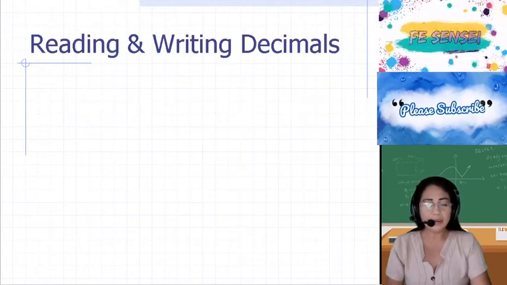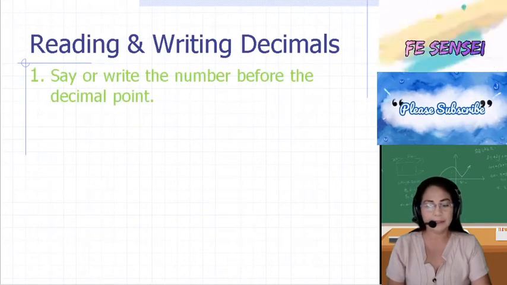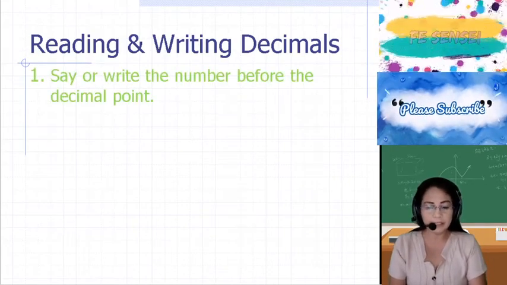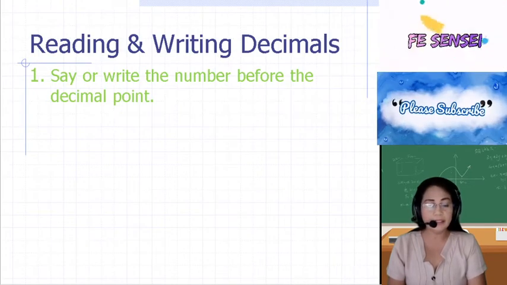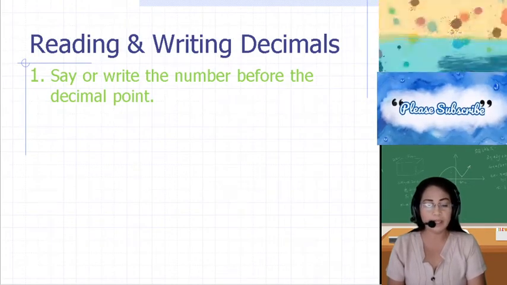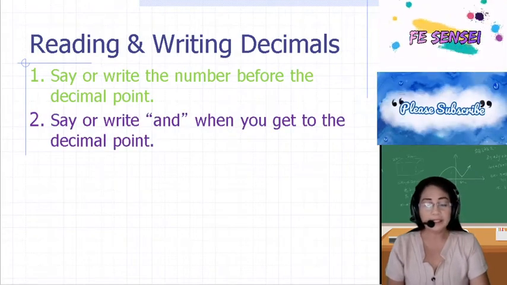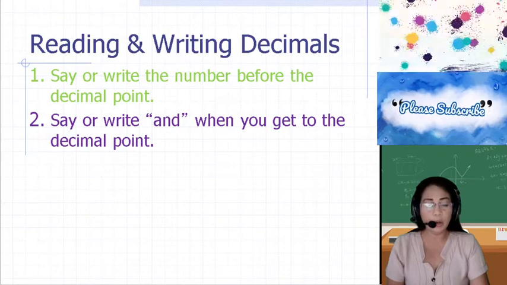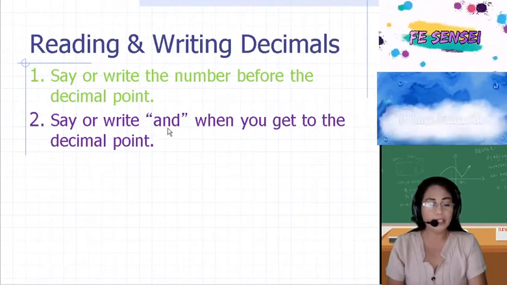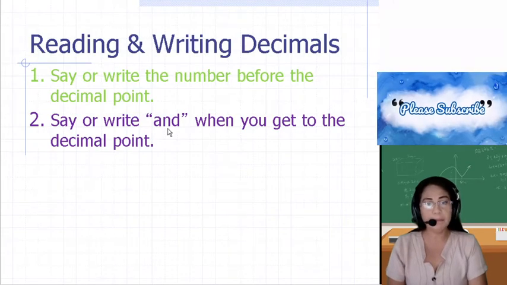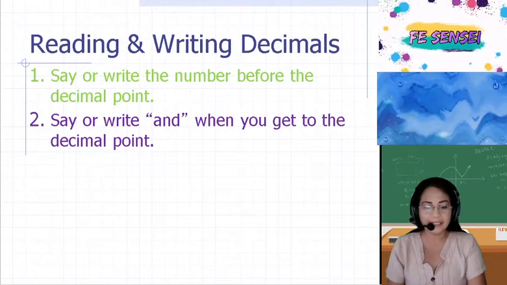So, we're going to study how to read and write decimals. First, say or write the number before the decimal point. Second, say or write "and" when you get to the decimal point. Therefore, the decimal point is read as "and."